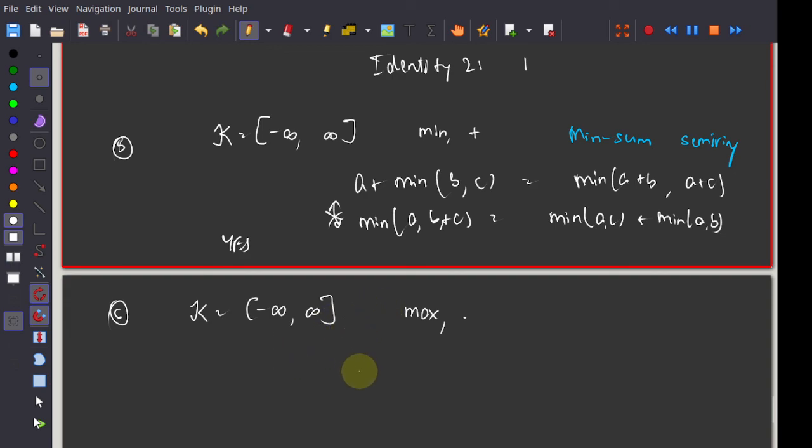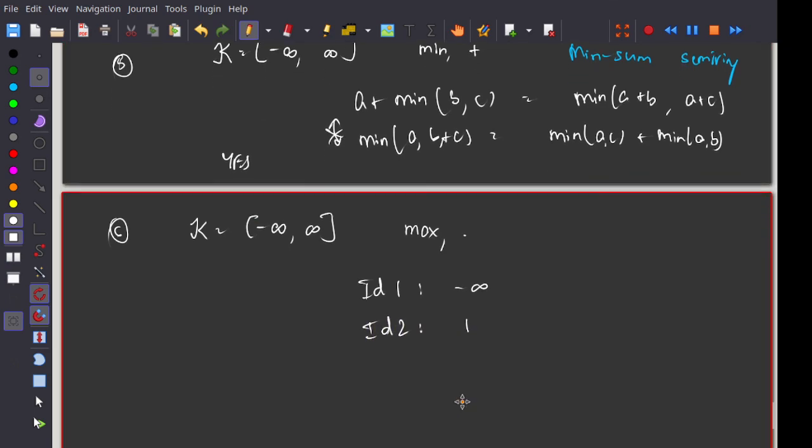What are the identities? Are you sure? Look at the set. It is minus infinity. The second identity again is multiplication, so the identity is 1.